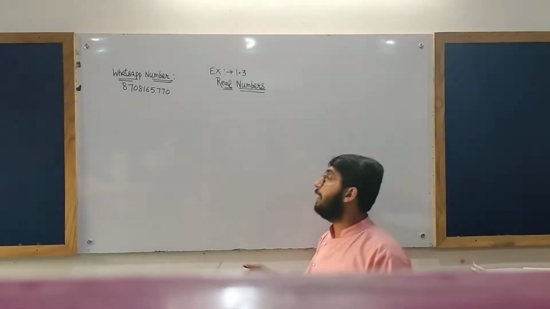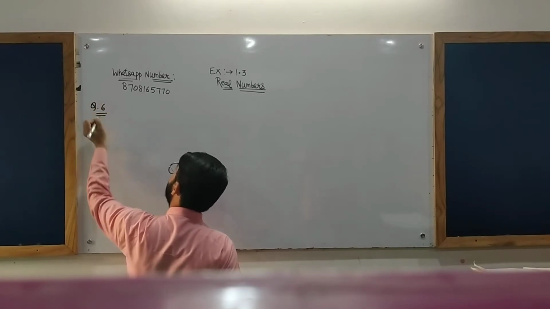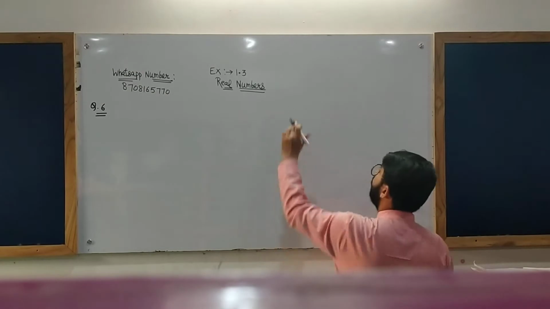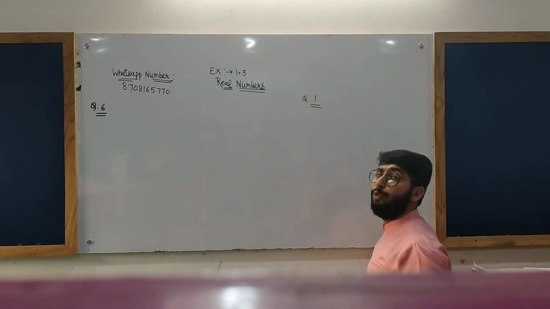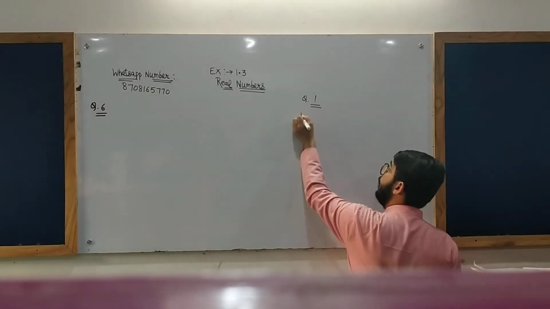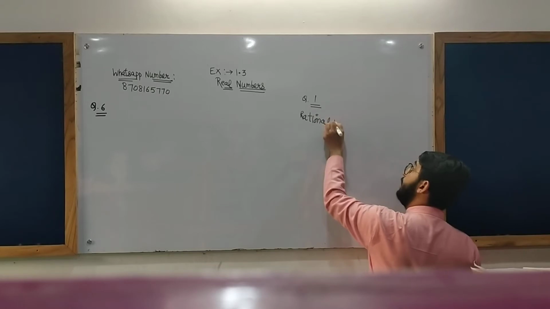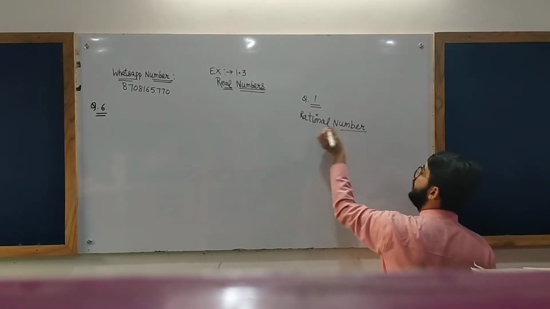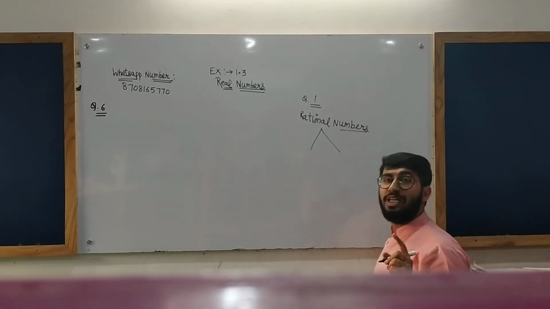Student, listen to me carefully. We are doing question number 6, and in the ending of question number 1, I told you one thing: rational numbers have two types of decimal expansions.